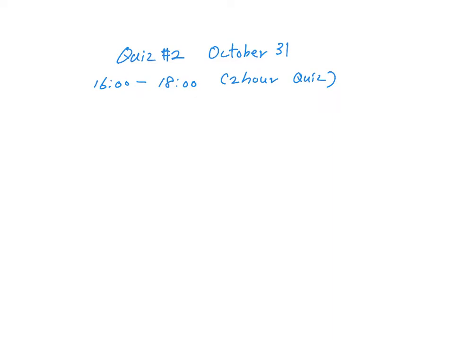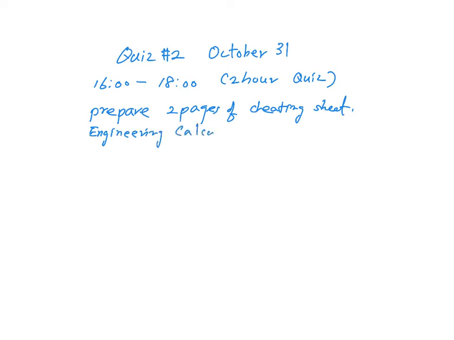Before the quiz, I'm going to have a 1-hour class, and after that you can prepare 2 pages of cheating sheet. You need an engineering calculator, I mean a real calculator that can calculate the sine and cosines with various angles.